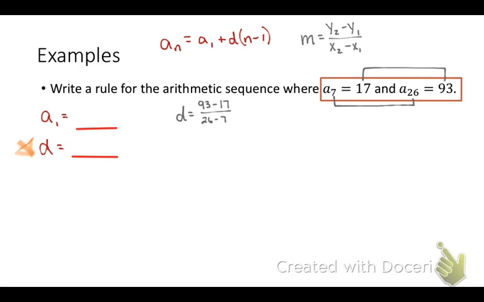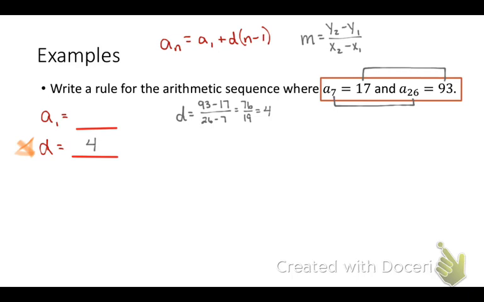So 93 minus 17, I'm going to have 76. 26 minus 7, 19. So I have 76 divided by 19 for a common difference of 4.